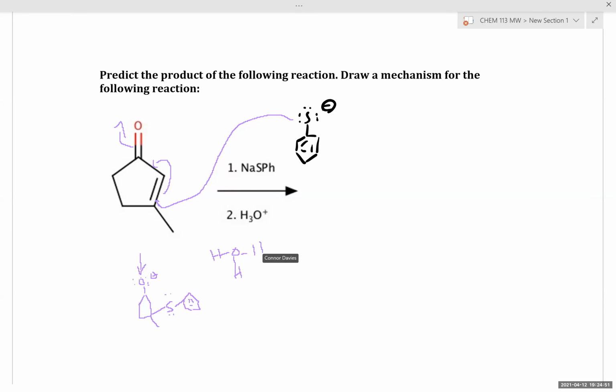Under acidic conditions, when we treat an enolate with acid, we will protonate that enolate, and that gives us our isolable addition product.